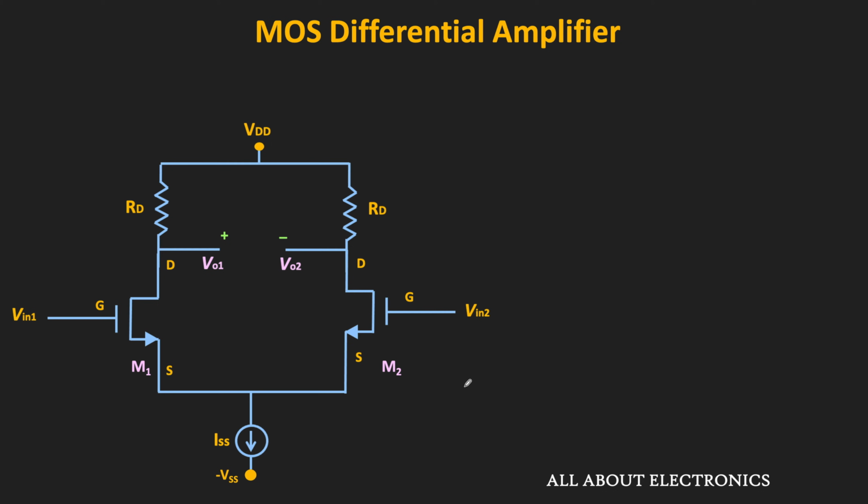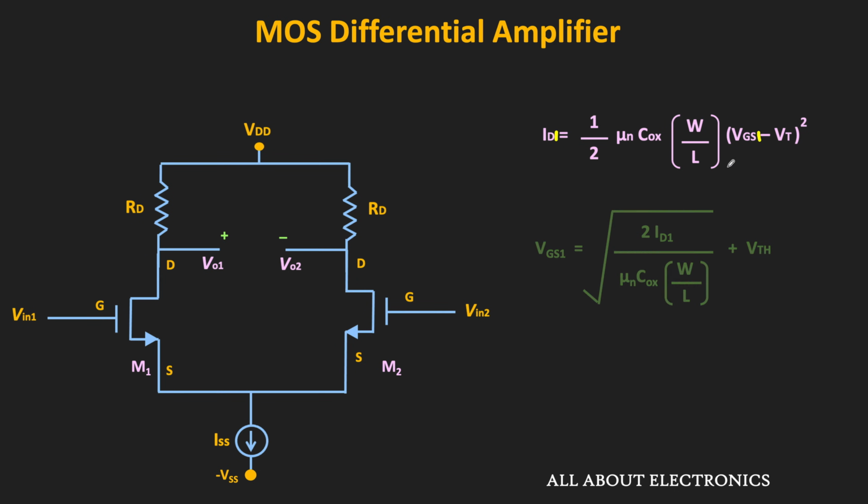We know that in saturation, the drain current ID can be given by this expression. And here we have neglected the effect of channel length modulation. For the MOSFET M1, the drain current ID will become ID1 and this voltage VGS will become VGS1. If we solve this expression for VGS, then we will get VGS1 is equal to square root of 2 ID1 divided by mu n times Cox times W by L, plus Vth.